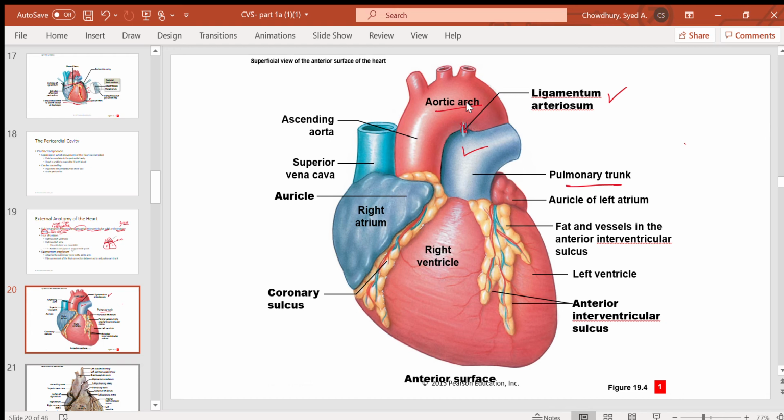However, in fetal life, it was an artery, okay, and the blood from the aorta could easily enter into the pulmonary trunk, or from the pulmonary trunk it can easily go to the aorta. However, in a later period of your fetal life, it gradually shrinks and becomes a ligament, no more artery.